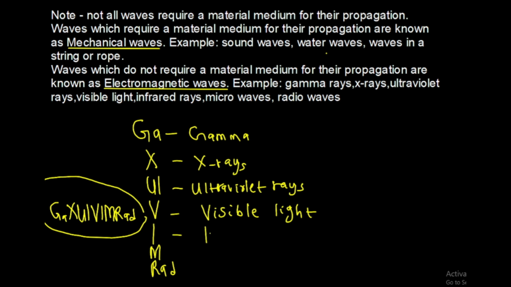I stands for infrared. M represents microwaves, and Rad here stands for radio waves. So these are the electromagnetic waves. Do not forget, the electromagnetic waves do not need a medium for their propagation, whereas the mechanical waves need a medium for their propagation.